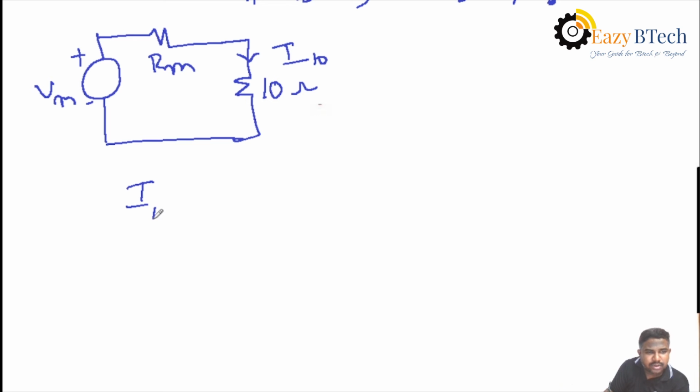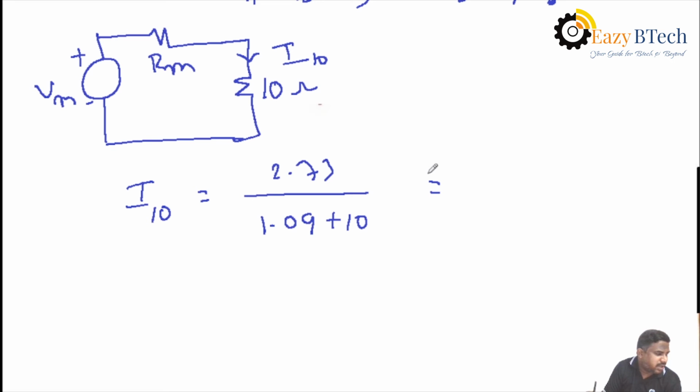Therefore I10 equals V by R. What is the V value? That is Vm. That Vm value is 2.73 by Rm plus 10. The Rm value is 1.09 plus 10. Then you can simplify the equation.